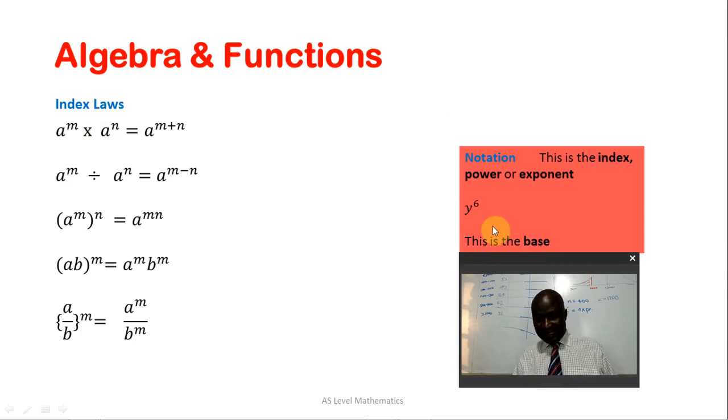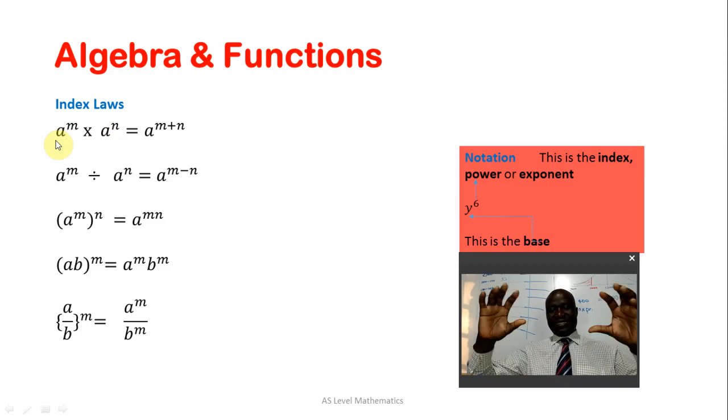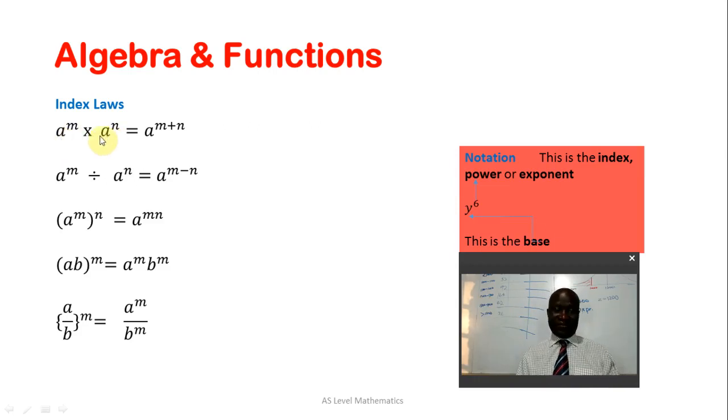So the base is, Y here is the base, and 6 in this expression is the power or the exponent or the index. So for us to multiply two exponential numbers, that is numbers that are raised to a particular power, they must have the same base.